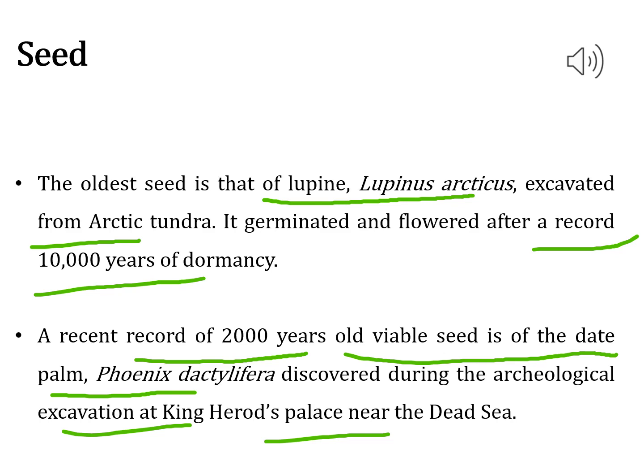The seed germinated and flowered after an estimated record of 10,000 years of dormancy. A 2000-year-old viable seed is of the date palm, Phoenix dactylifera, discovered during archaeological excavation at King Herod's palace near the Dead Sea.